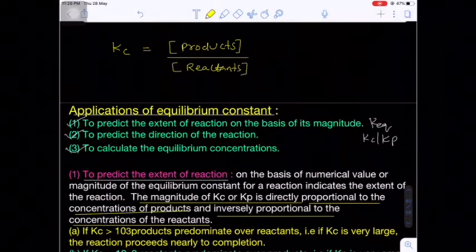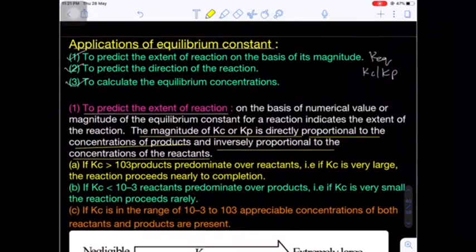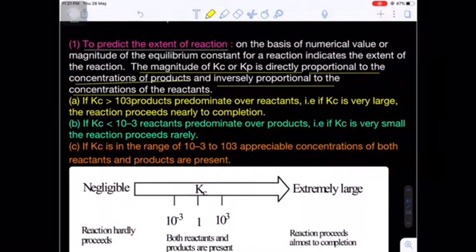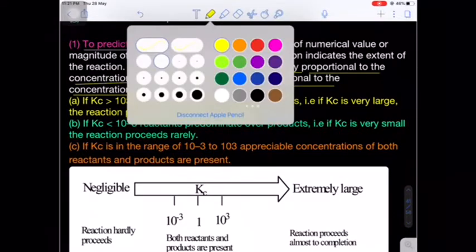If the Kc value increases, that means the numerator should increase relative to the denominator. In the numerator, products are there, so if the concentration of products increases, the Kc value increases. Now there are three important ranges of Kc value.